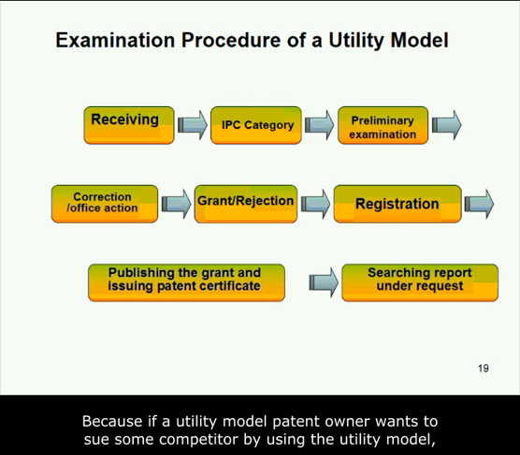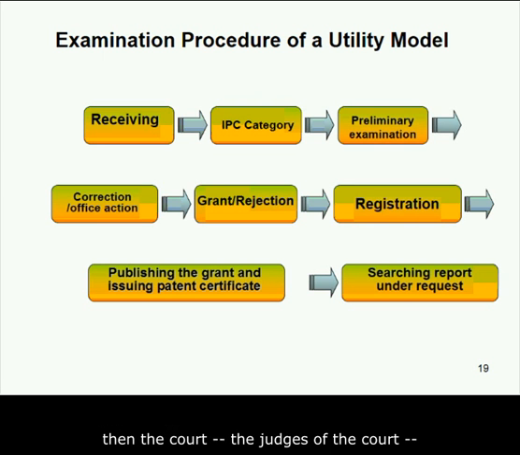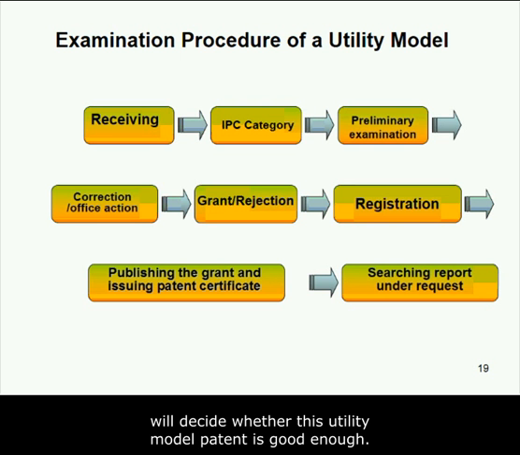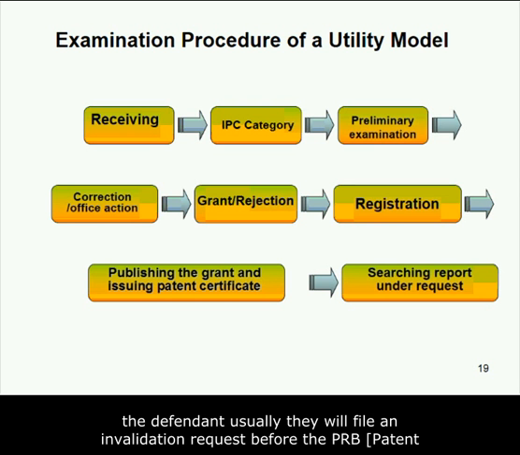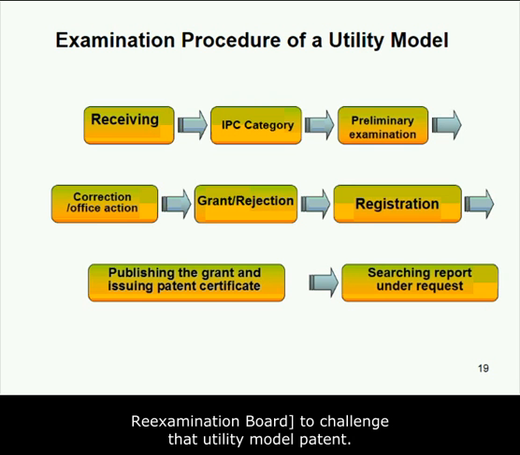Because if a utility model patent owner wants to sue a competitor by using the utility model, then the judges of the court will decide whether this utility model patent is good enough, because for a patent infringement case, the defendant usually will file an invalidation request before the PRB to challenge that utility model patent.